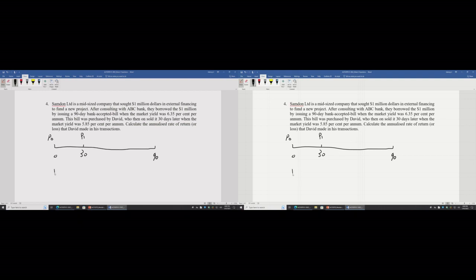All right, so how do we calculate the return? P1 minus P0 over P0, okay? That's how we convert the price to the return. If you can sell it at a higher price, P1, then you can get a larger return, right? So now we have to figure out P0 and P1.